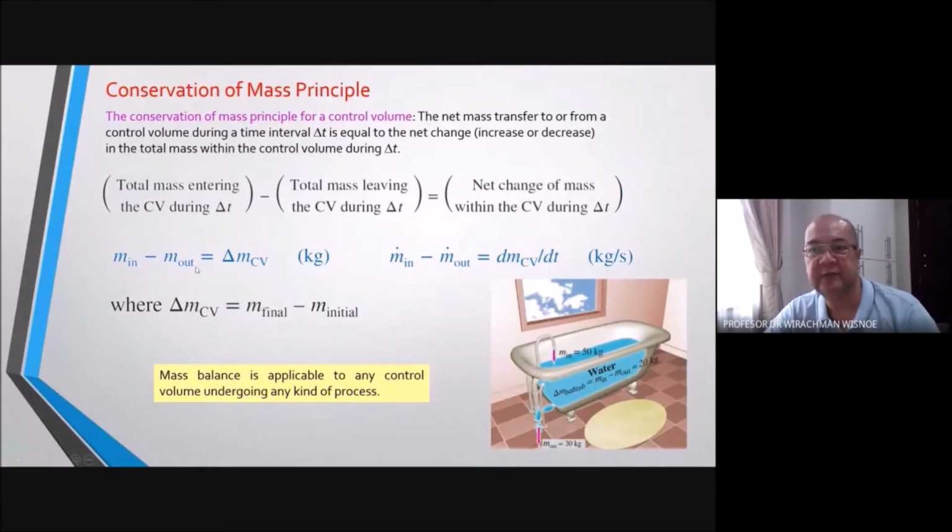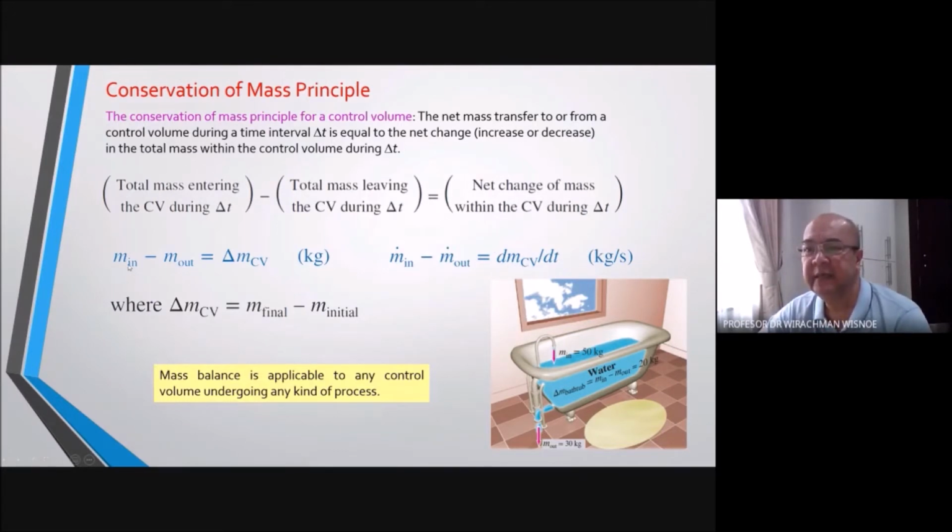As a matter of fact, this is all divided by delta t. When delta t becomes very small, instantaneous, m in minus m out over delta t becomes dm over dt for a control volume.